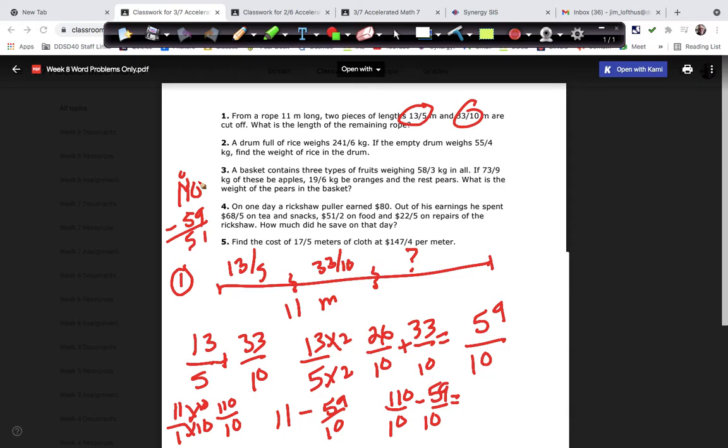All right, so 110 minus 59 is 51. So 51/10 or 5 1/10 meters is the answer to the first one.